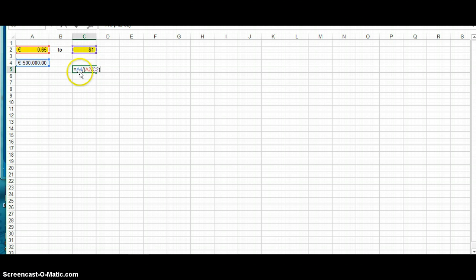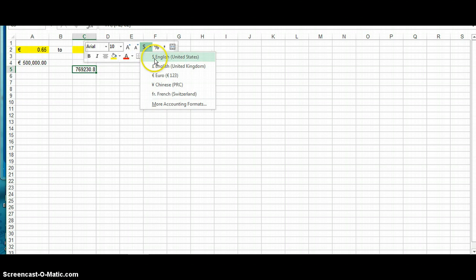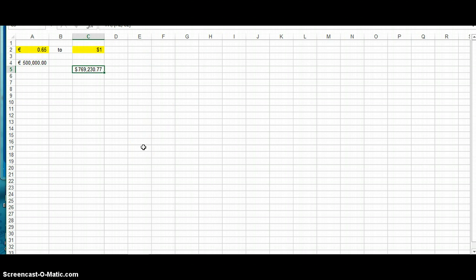I've got the euros divided by, and then I've got parentheses, so it will do this calculation first, the euro to dollar exchange, 0.65 divided by 1, and then I've got 500,000 divided by that answer. And so that ends up telling me that I have $769,230.77 in dollars that I'll need to pay in order to pay someone 500,000 euros.